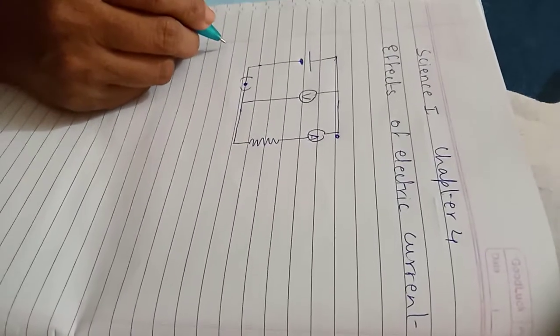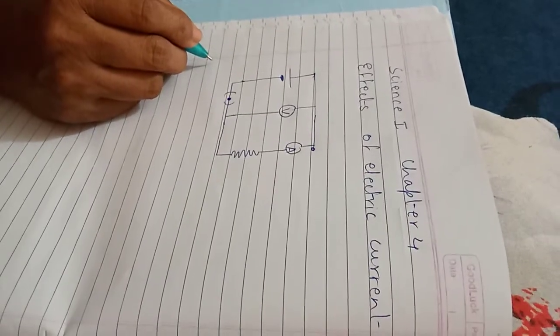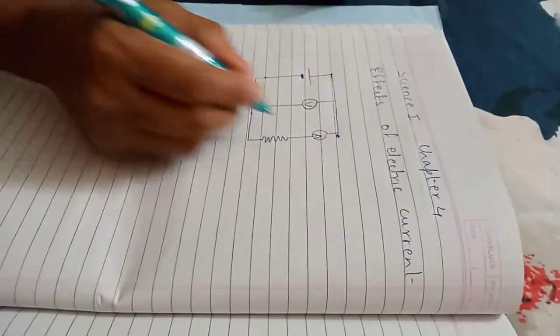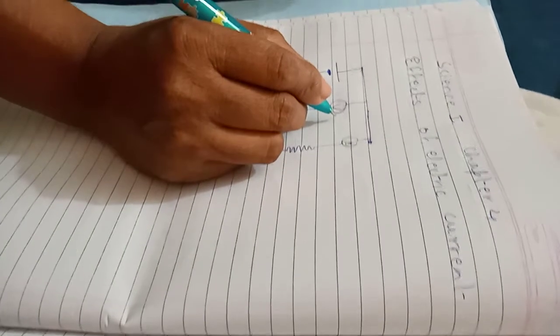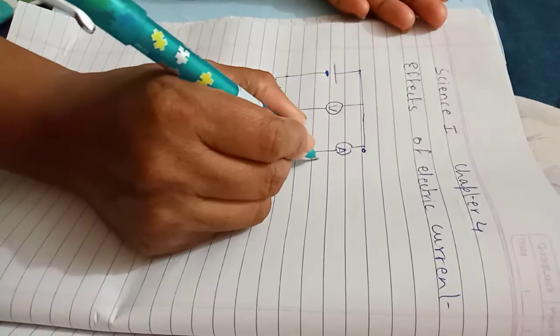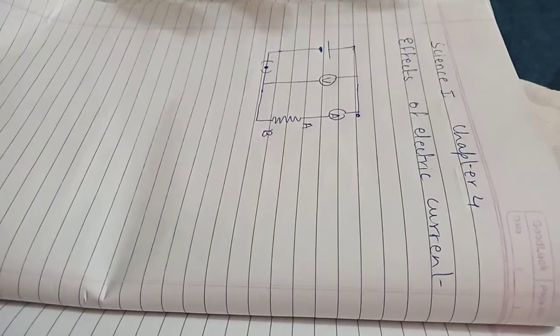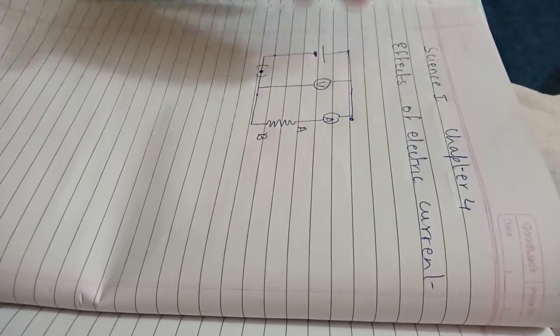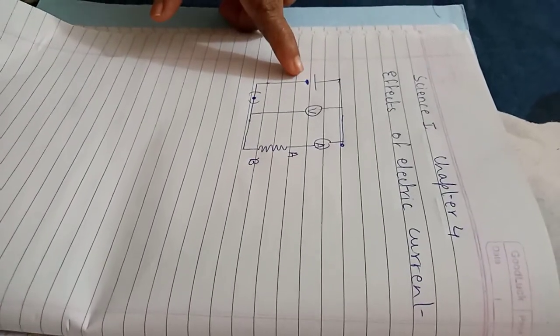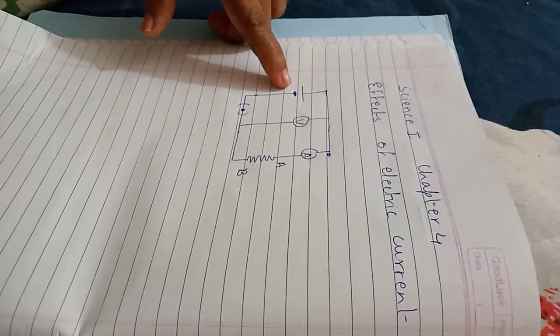If the plug key is inserted, current flows. If the plug key is not inserted, current doesn't flow. Voltmeter measures potential difference, ammeter measures current, and resistor is a speed breaker, which is a controller of current. All these components together connected across an electric cell form what is called an electric circuit.